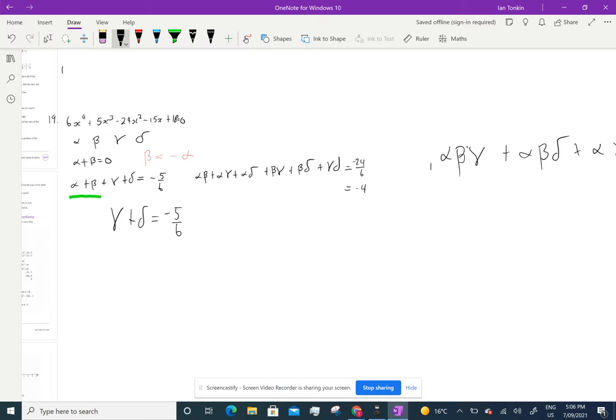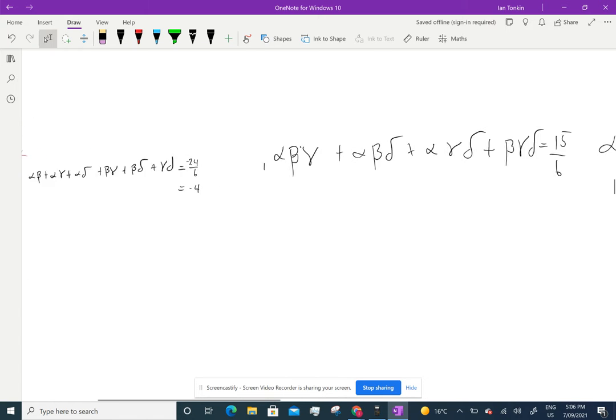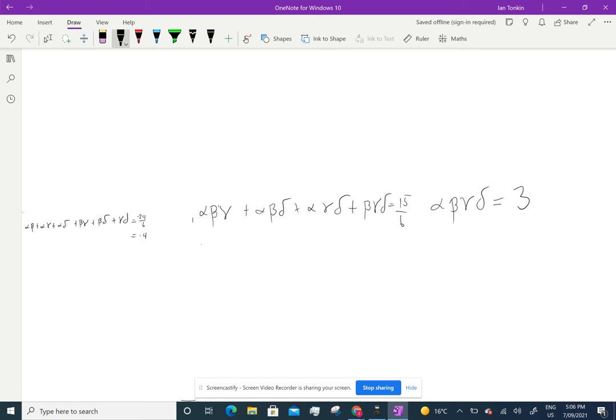So let's grab that triple one here. So I get alpha times minus alpha times gamma plus alpha times minus alpha times delta plus alpha times gamma times delta plus minus alpha, oh no, it's minus alpha.